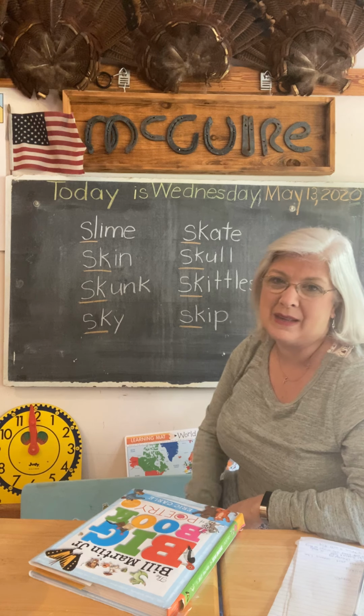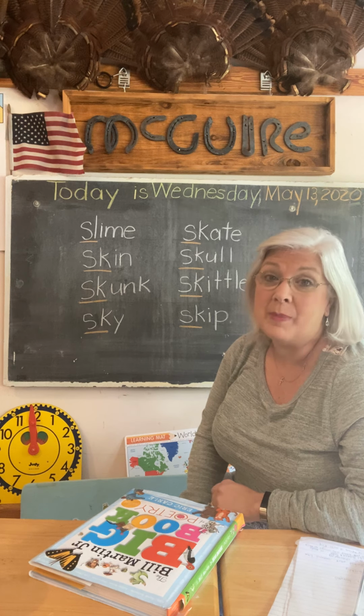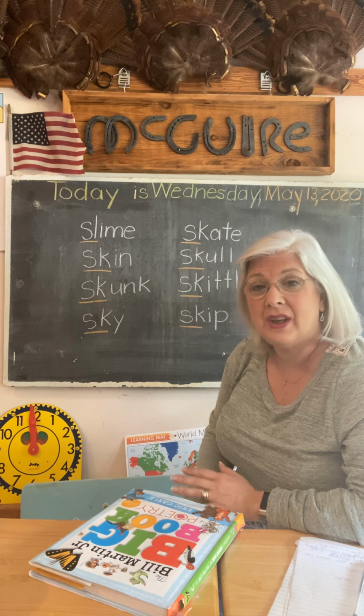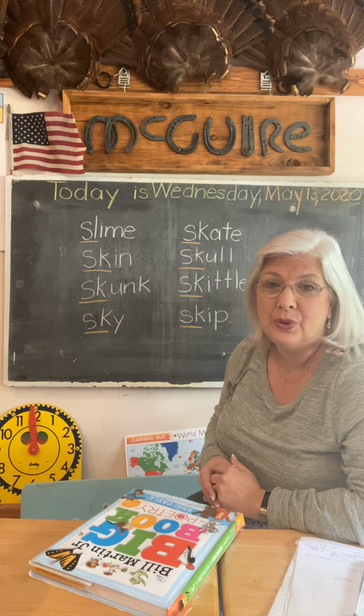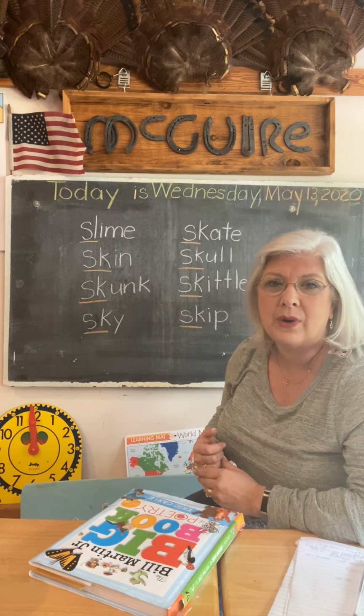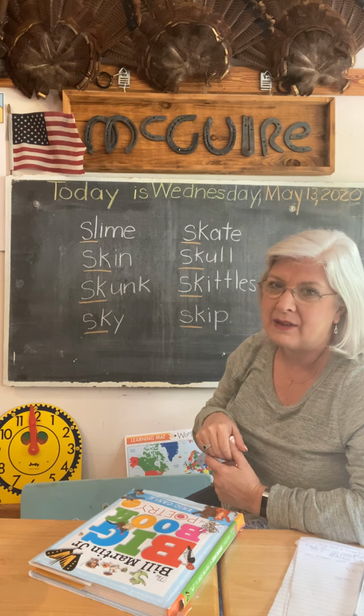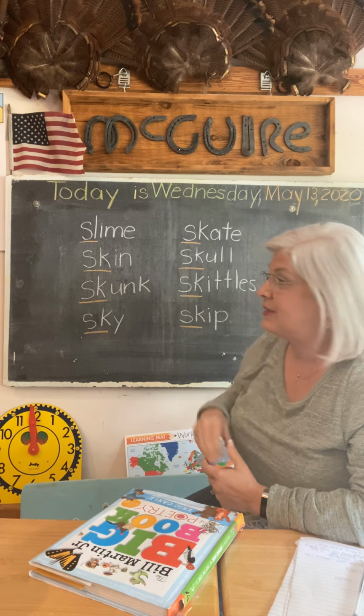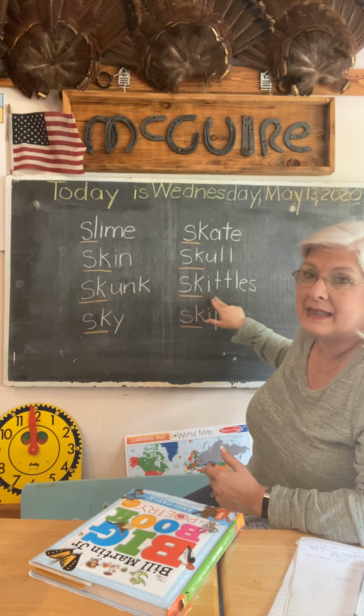Skittles. That's everybody's favorite. And then everybody had a favorite color Skittle. The red was cherry, the blue might have been the blueberry, green was lime. So all the Skittles had a different flavor to them. So that's a good word, Skittles.